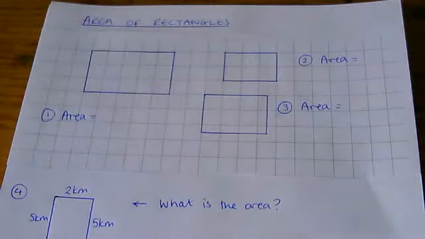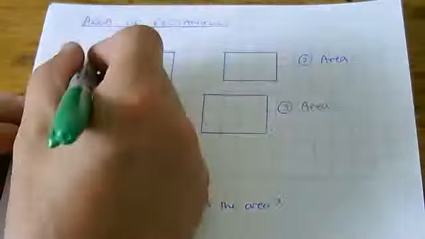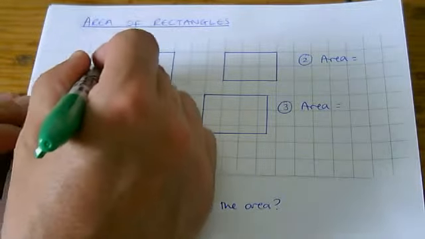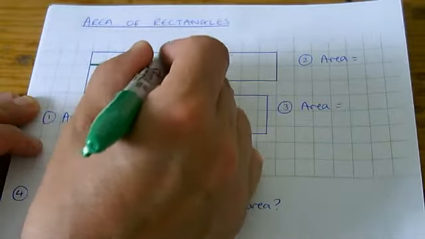So I want you to focus, instead of counting the squares, on counting the number of rows that we've got here. I'm going to highlight, if you can see that in green.